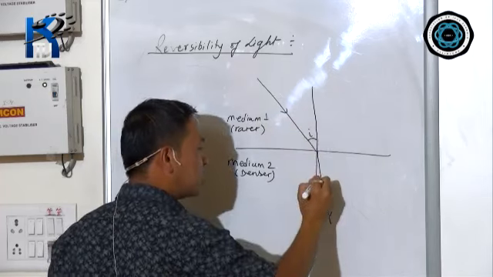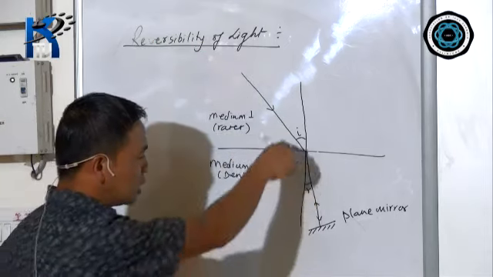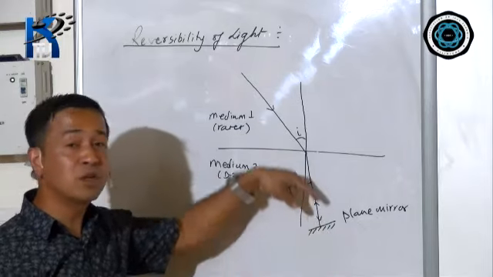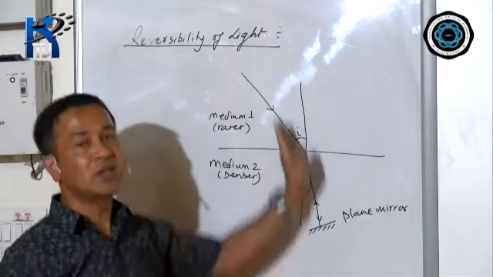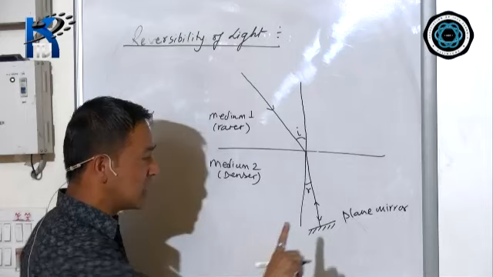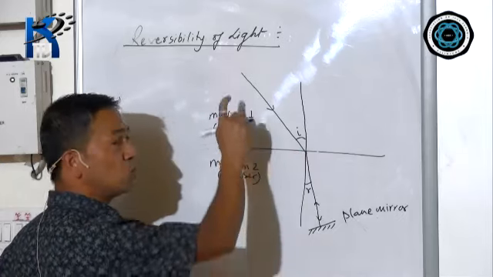So let me repeat again. When light passes from medium 1 to medium 2, after refraction, it strikes the plane mirror. This refracted ray becomes the incident ray for the plane mirror. If incident normally, the light reflects in the same direction. Then this becomes the reflected ray. But remember, this reflected ray becomes the incident ray for the light passing from medium 2 to medium 1.